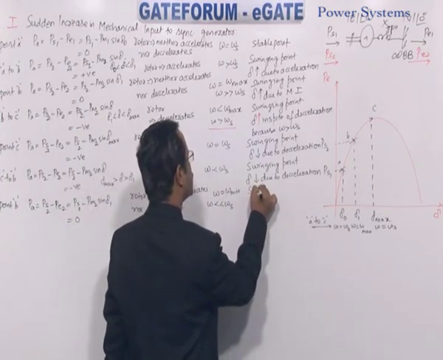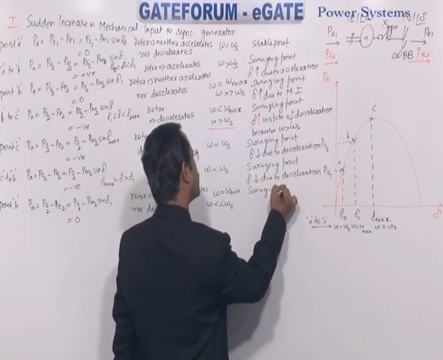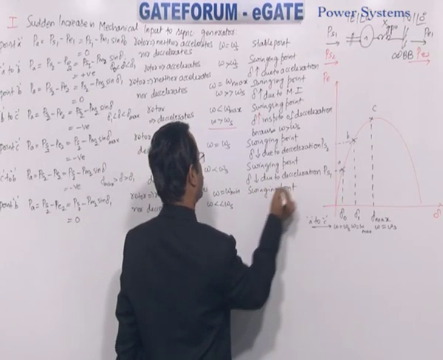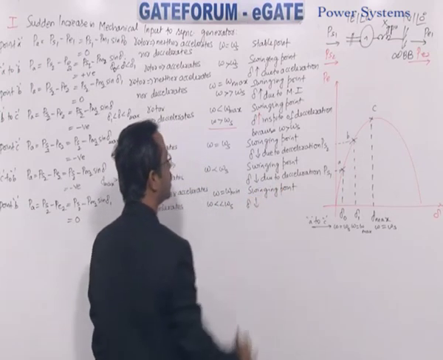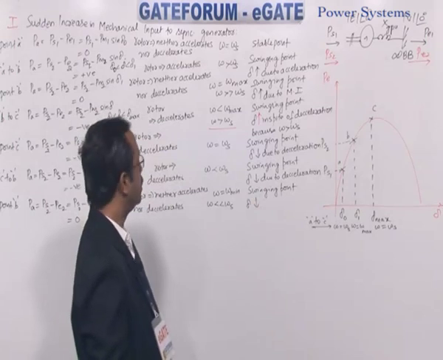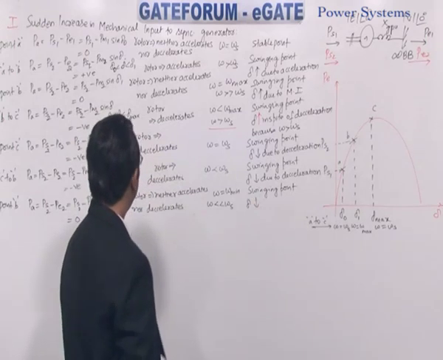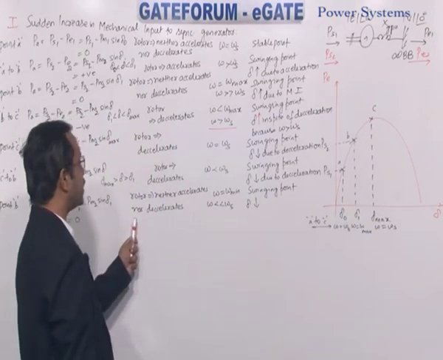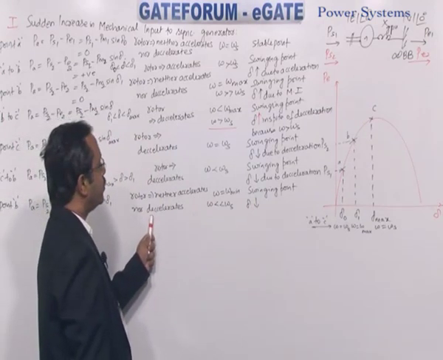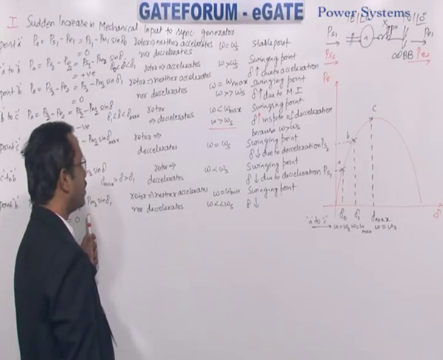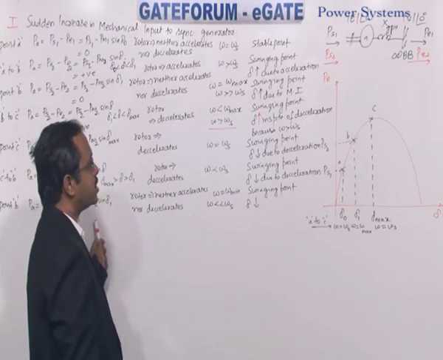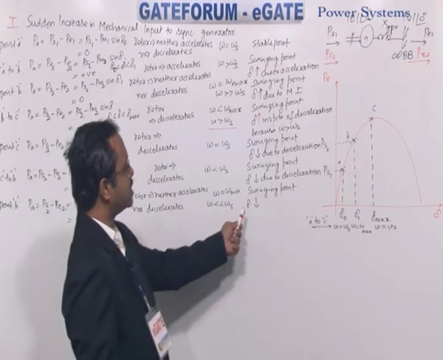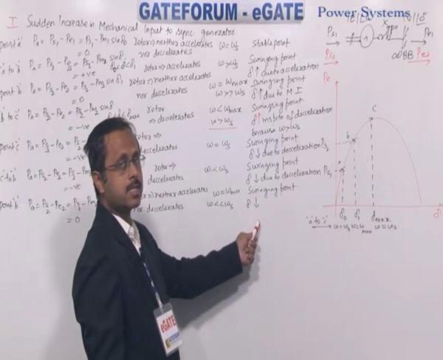So what does it refer to now? This refers to a swinging point. And why does delta continue to decrease? You have the rotor neither accelerating nor decelerating. You got PA 0. So in spite of PA 0, why does delta decrease?